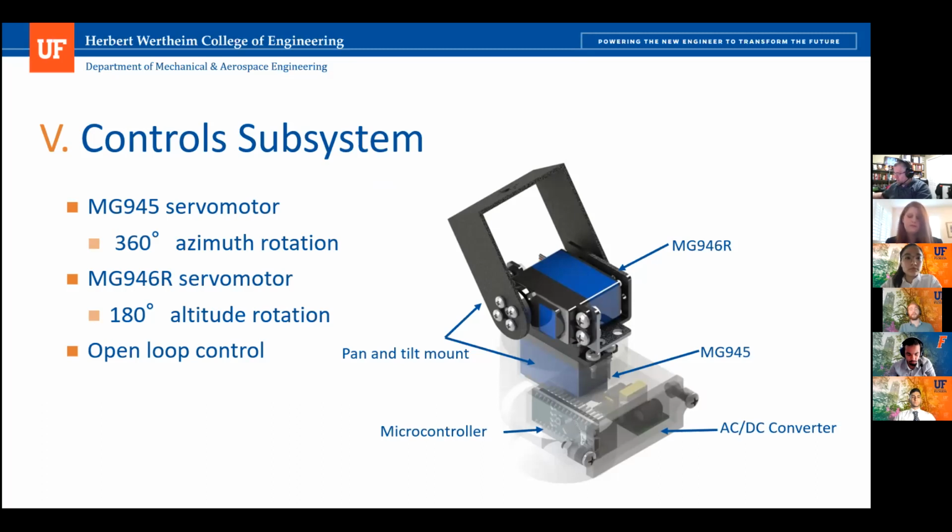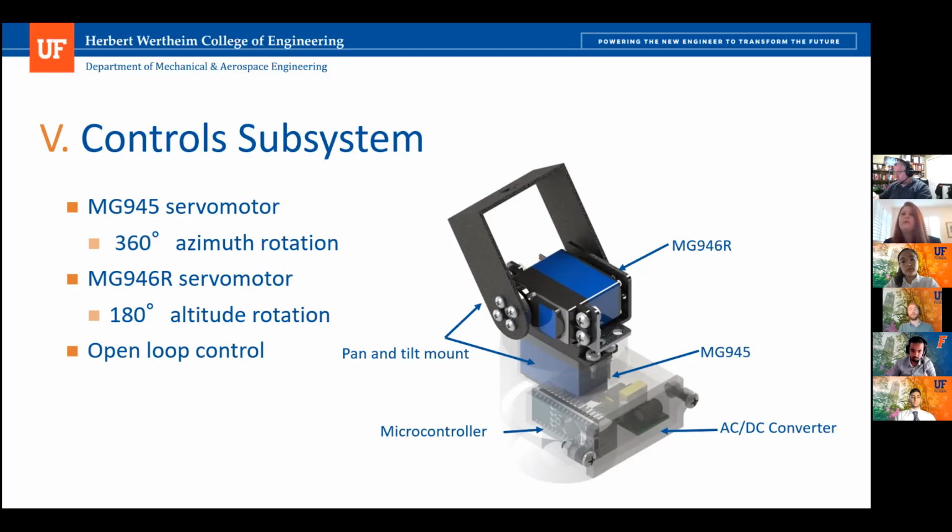The next component is the MG945 servo motor. This servo has 180 degrees of travel and uses an internal closed feedback loop to determine its position. The case is made of ABS plastic and is completely sealed. Internally, there are metal gears that ensure accuracy and reliability. The stall current of the servo is 1.2 amps at 6 volts.